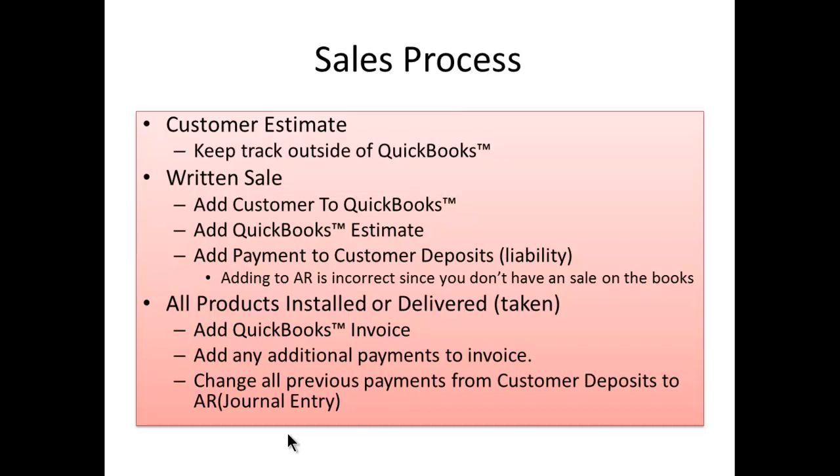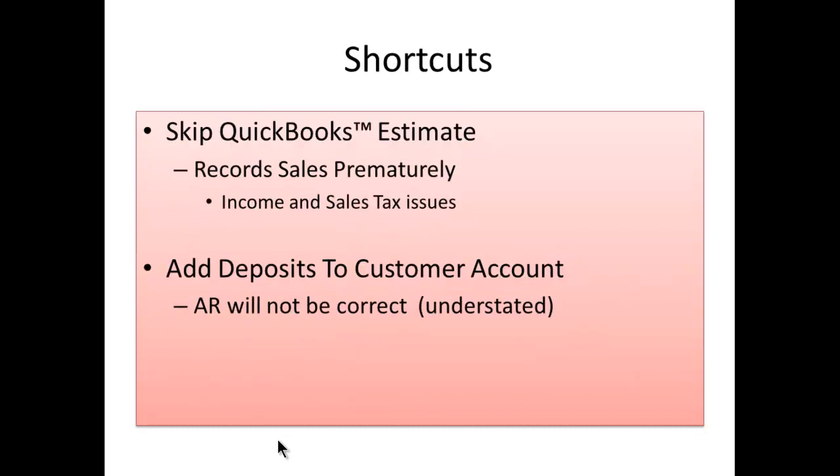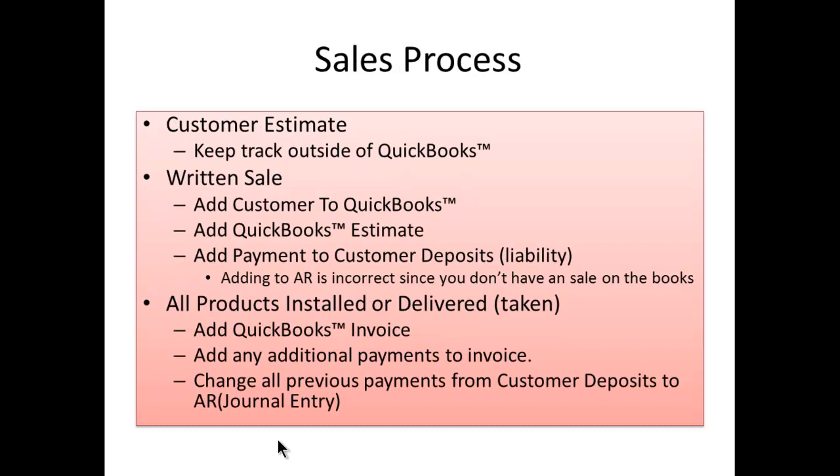And it comes back, and you've completed all the installation for all the products on that invoice or written sell. Now at this point is when you're going to add the invoice to QuickBooks, which is where it's going to be recorded on your books. And so we're going to add the QuickBooks invoice, and then we're going to add any additional payments to the invoice.